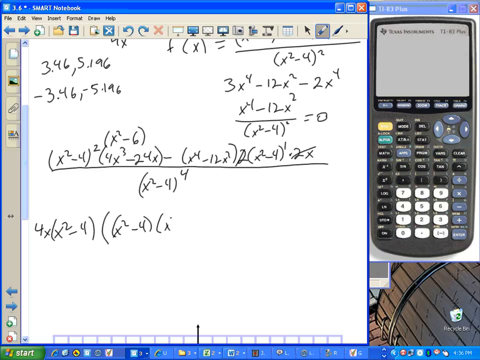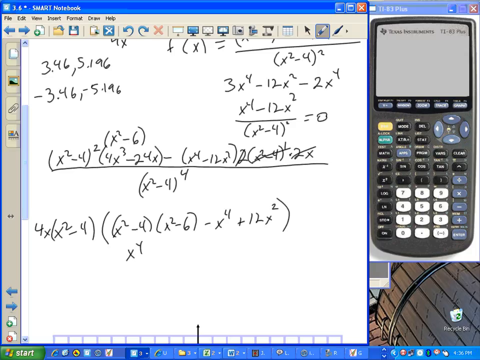times that x squared minus 6 minus, let's see, I pulled this one out, so that's not there anymore. So really I've just got minus x to the fourth, and then I'll turn this into a plus 12x squared.